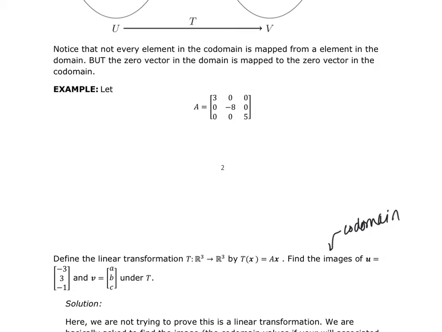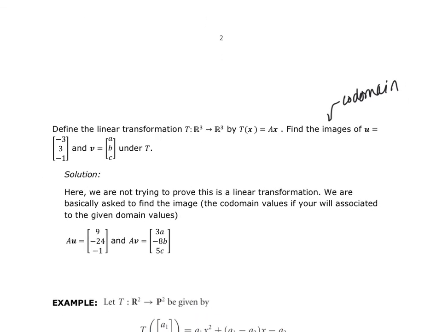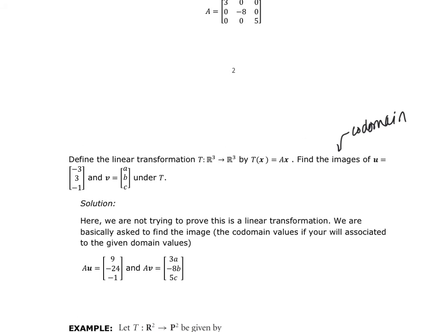So let's scroll up here. Suppose we have these vectors that are initially in our domain, u and v. Here's my u and here's my v. And then let's go ahead and do that transformation. So I'm going to take the entries in this matrix and do my usual matrix multiplication the way I defined it. I'm going to take this u and multiply by this A matrix, and I get this. And I'm going to take this v and multiply it by this A matrix, and make sure we pay attention to the order.